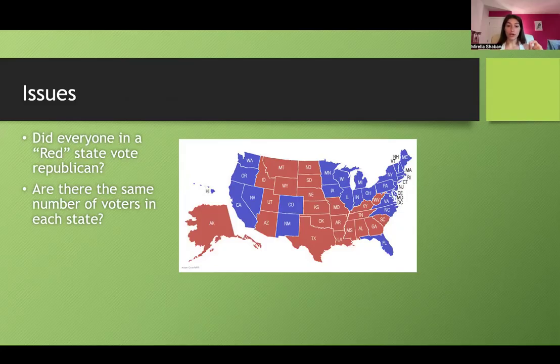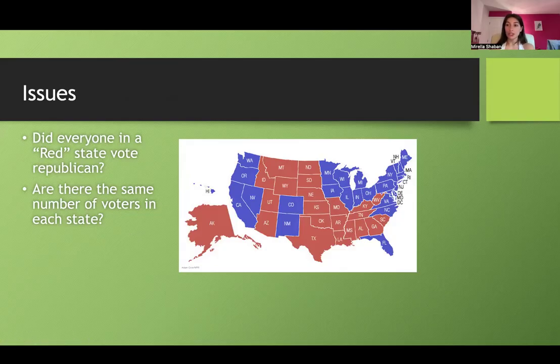For this map and for its purpose, this is giving us everything that it needs to give us. The creator of this map only wanted to get across to us whether or not a state overall voted blue or voted red, whether the win, essentially, of that state or the majority of that state leaned one direction or the other. However, if you wanted to make a map talking about the number of voters in each state, it's going to be a very different looking map.